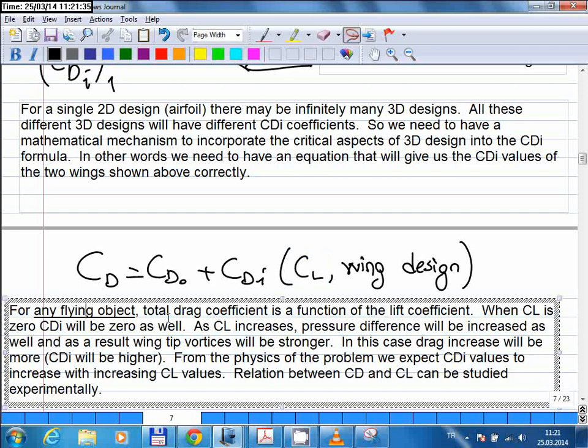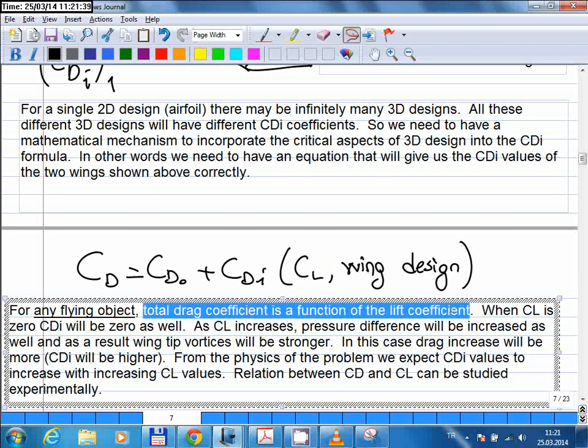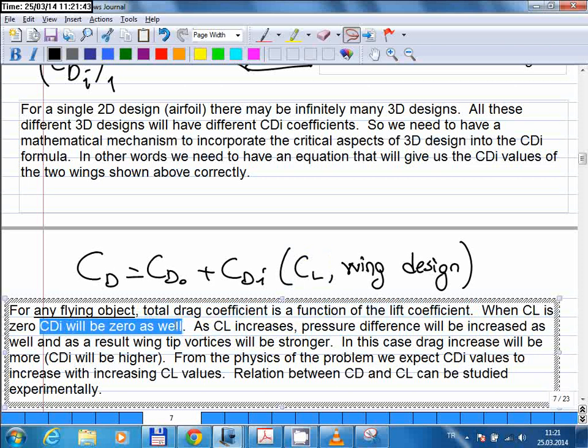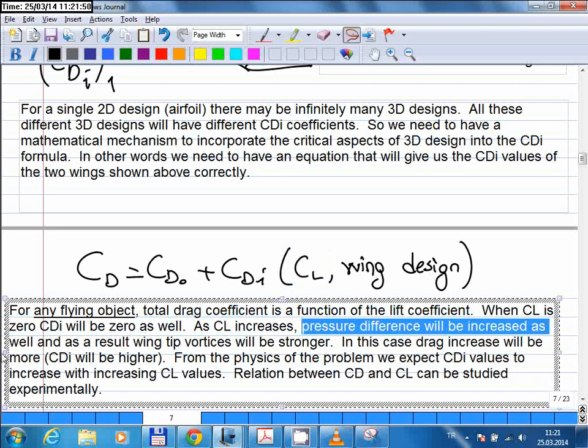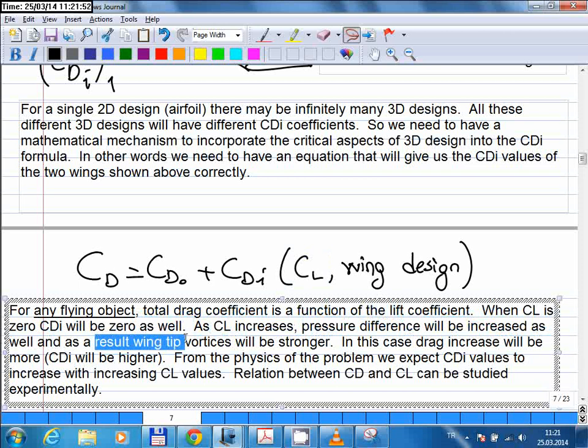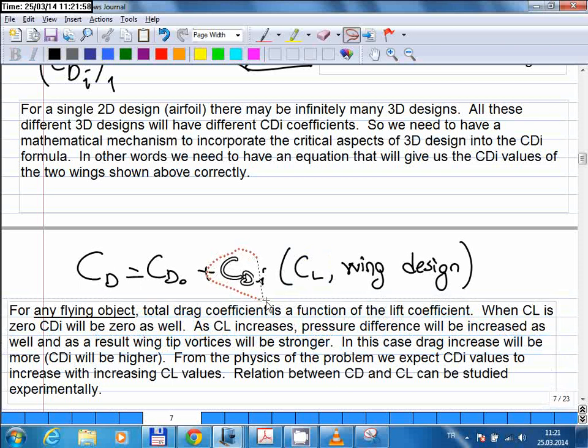So for any flying object, the total drag coefficient is a function of the lift coefficient. When the lift coefficient is 0, CDI will be 0 as well. And as you increase the lift coefficient, the pressure difference will increase, and as a result the wingtip vortices will be stronger. In this case, the drag increase will be more, and the induced drag coefficient will be a larger value.